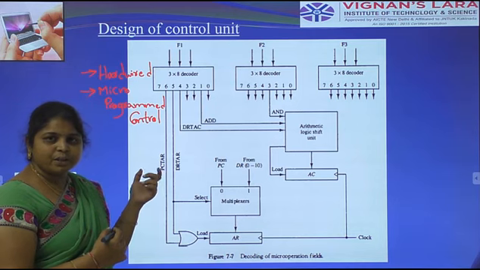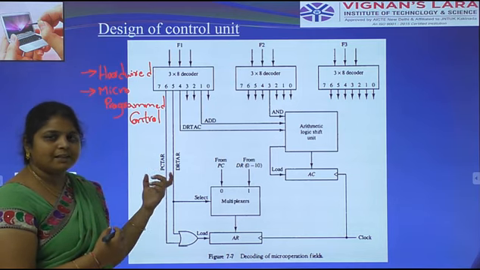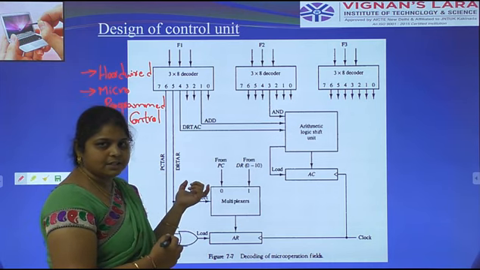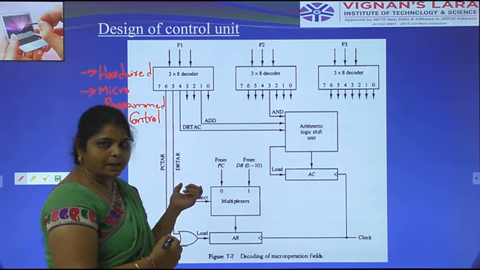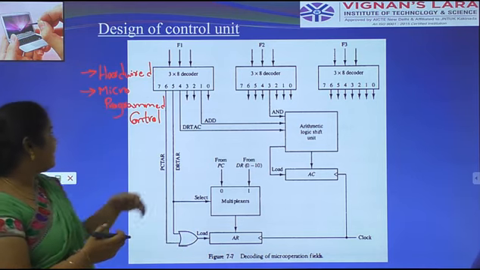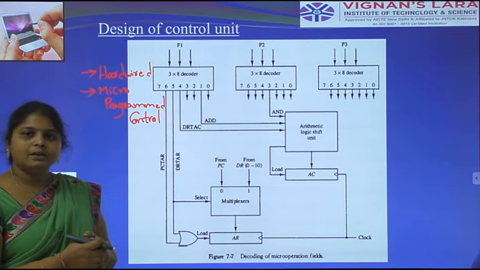It transfers the information to the several registers, and also performs the arithmetic logic operations and computational operations. The control unit has two types of design issues: first one is hardwired and second one is microprogrammed controlled.